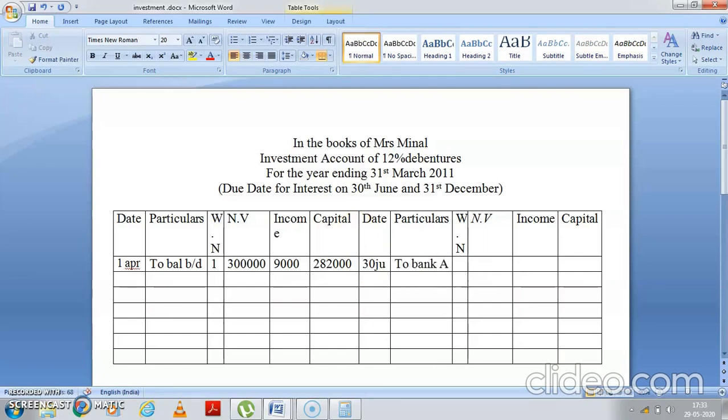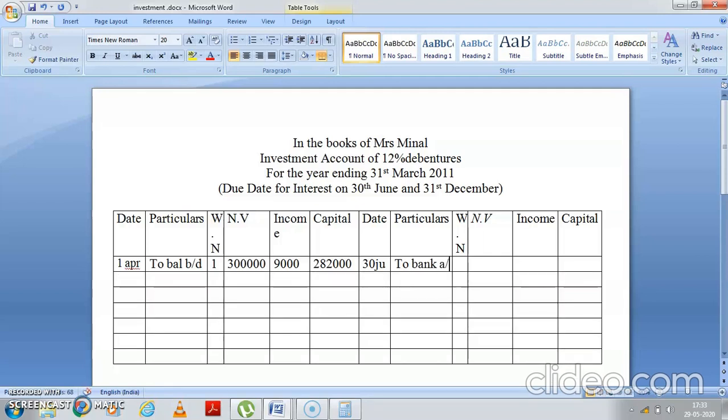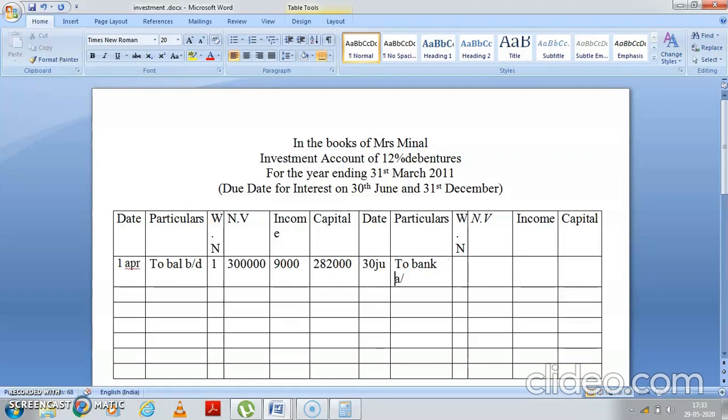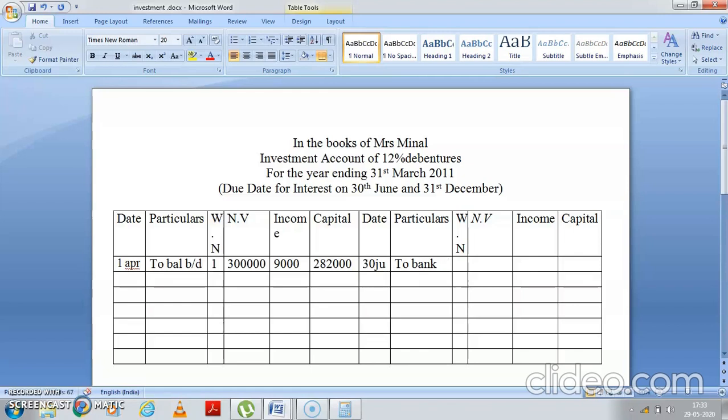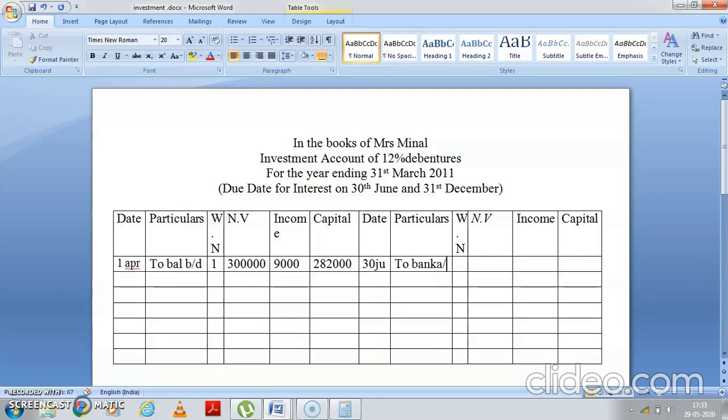I'm writing a short form. You don't have to write a short form. Yes, bank account. Okay. Now this is working note number 2.